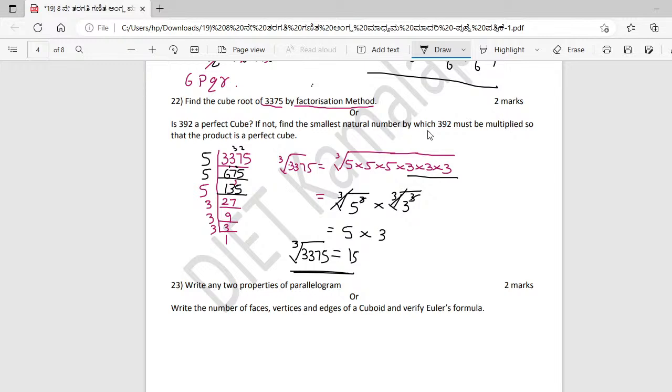Even if you have not copied, you can pause the video and copy down all these solutions.